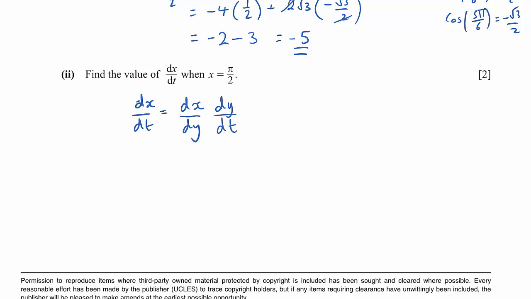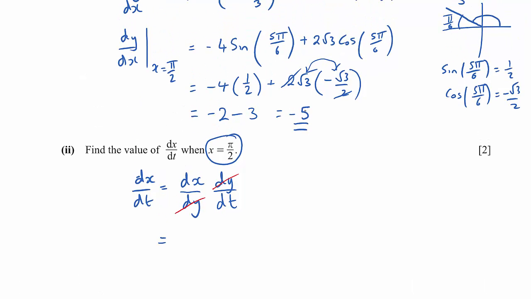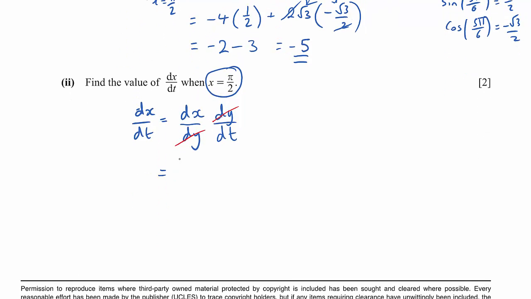And although these are not fractions, you can just see that if they were, when you cancel there, you'd end up with dx/dt. So this is when x is pi by 2. And we know that dy/dx is negative 5, so dx/dy would be negative 1/5. And multiply that by 10 gives me negative 2.